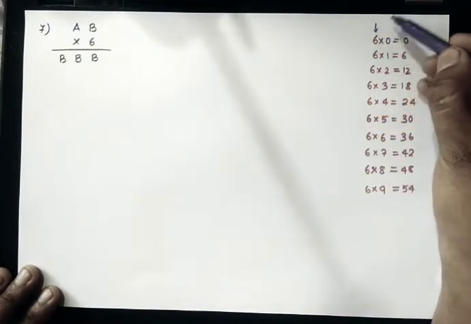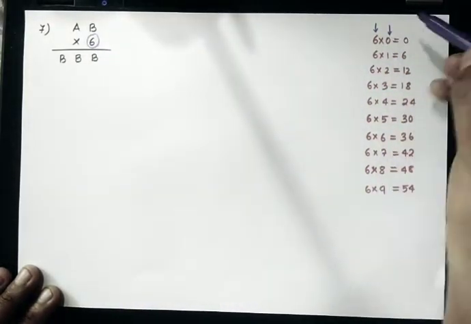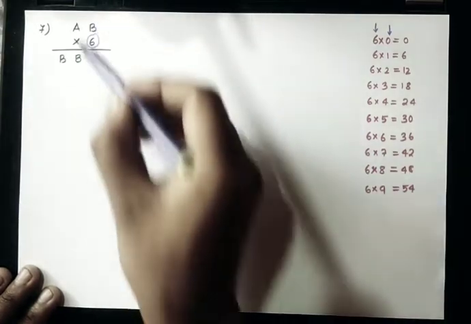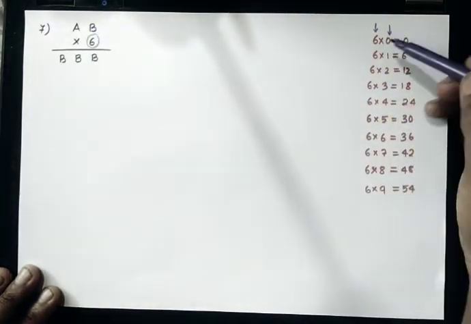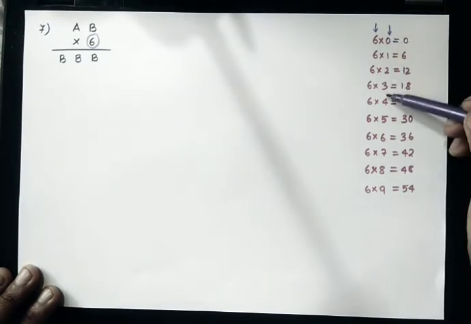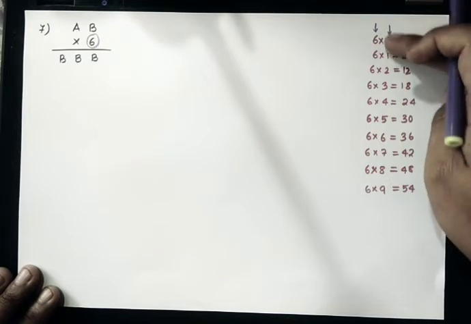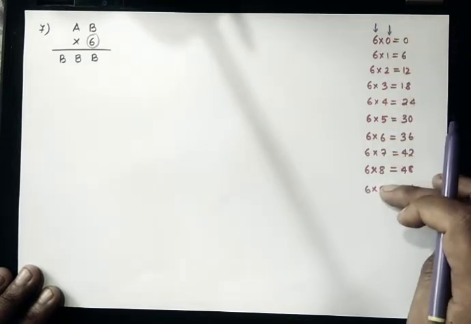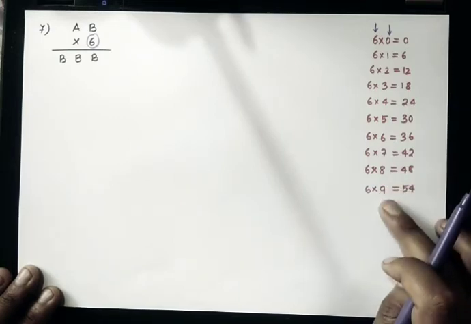All this represents the number, and all this digit represents your possible value for b. I'm not saying the value for b, it's a possible value for b. So it can be 0, 1, 2, 3, 4, 5, 6, 7, 8, or 9. It can't be 10 or negative numbers, it can't be a double digit number.